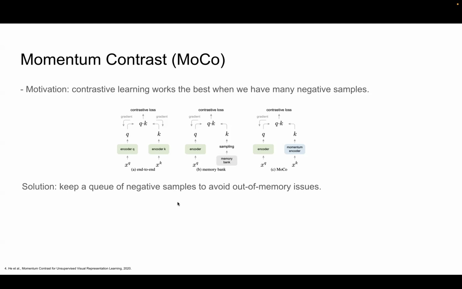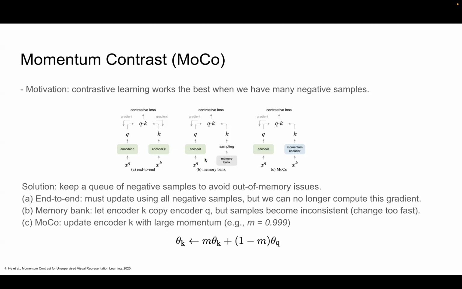But the issue is that if you have a large number of negative samples, your memory will explode. One way to deal with this is to have a memory bank that keeps track of the negative embeddings from the previous batches. Once we have a memory bank, maybe we can have the encoder Q and the encoder K share the weights. This corresponds to the image in the middle.